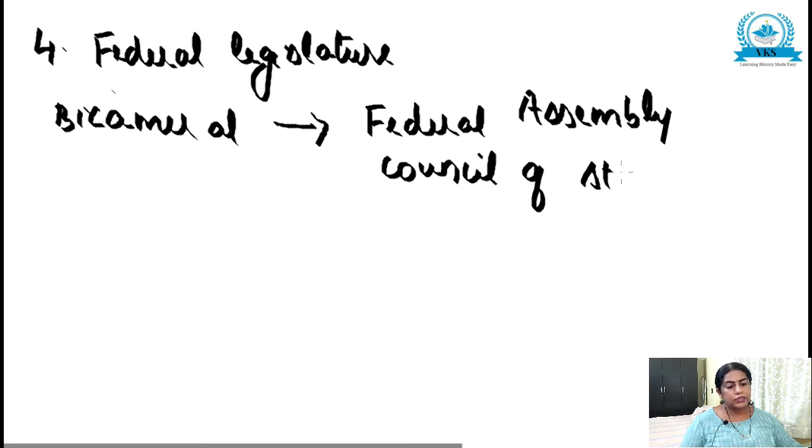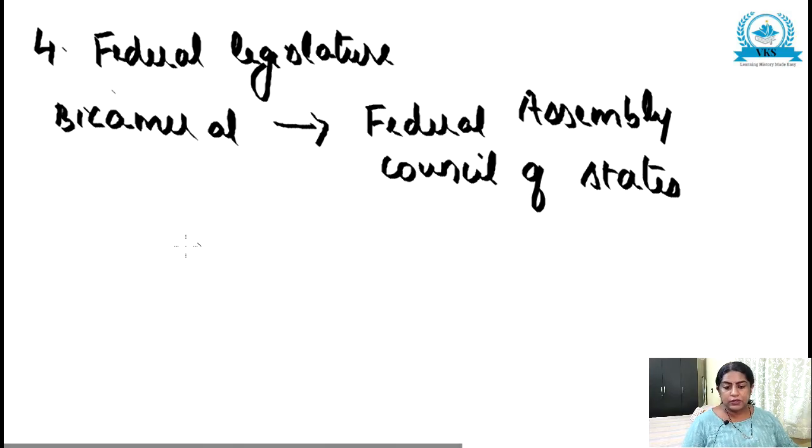So the central legislature is there as well as the provincial legislature. The federal legislature was bicameral and consisted of the Federal Assembly as well as the Council of States.